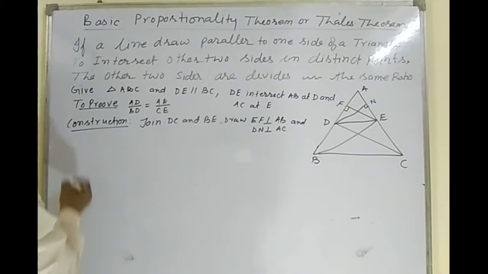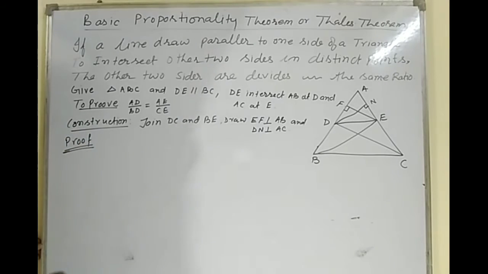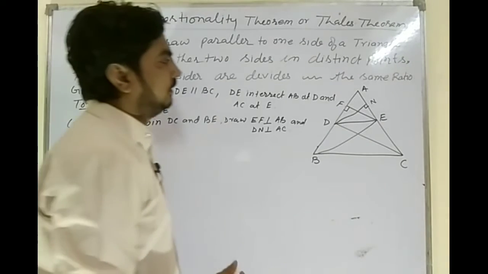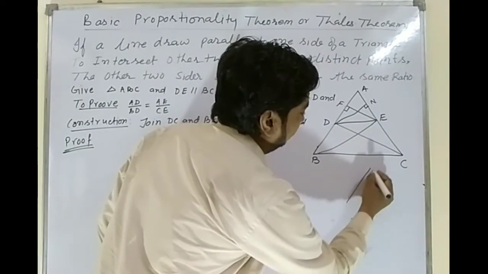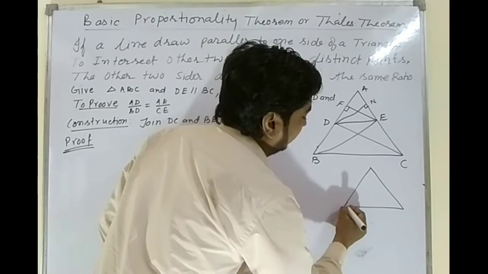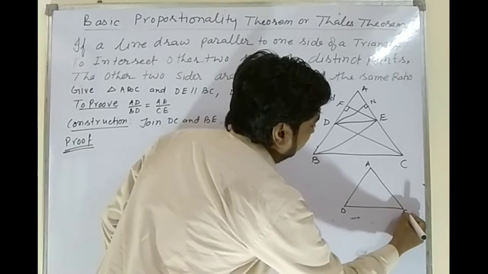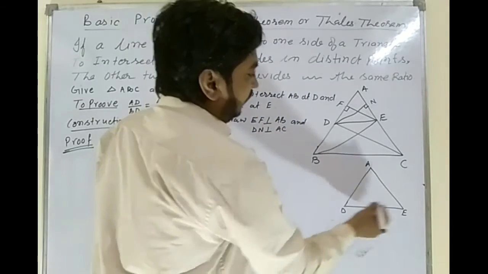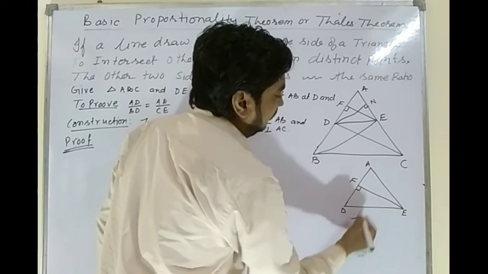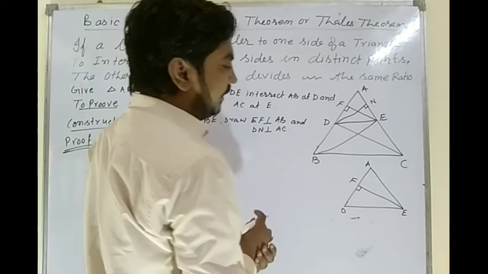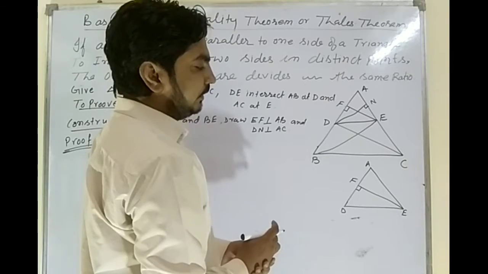Now proof. We will come to triangle ADE. Let us separate the triangle ADE. Here EF is the perpendicular. We know that the area of a triangle, which we learned in the 9th class, is 1/2 base into height.